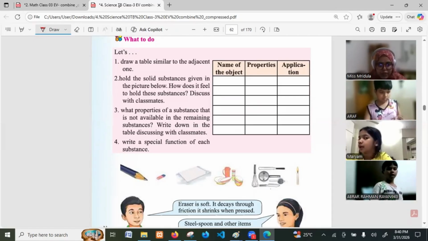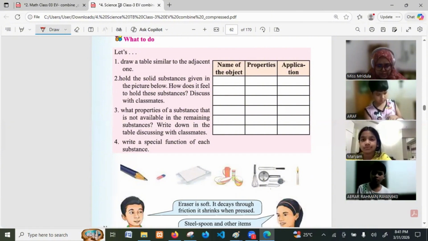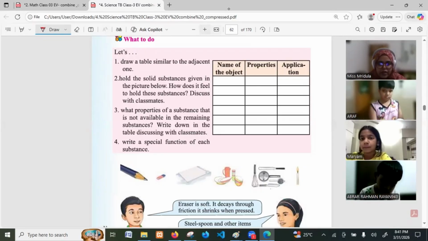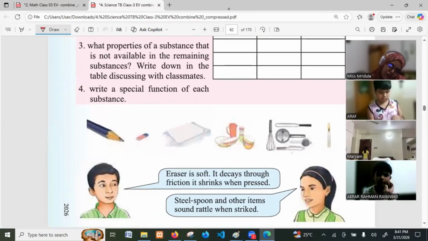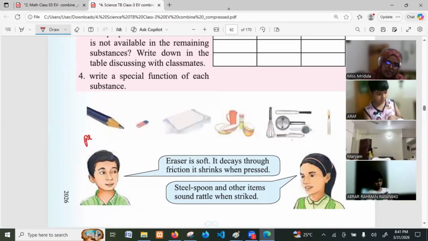Then the third one: what properties of a substance are not available in the remaining substances? Write down in the table, discussing with classmates. And the last one, write a special function of each substance. For that, we need to understand what the pictures are of. The first one is a pencil. The second one is an eraser. What is this?